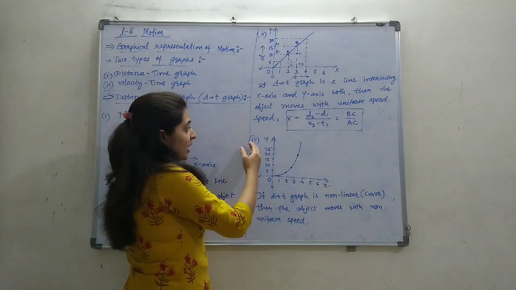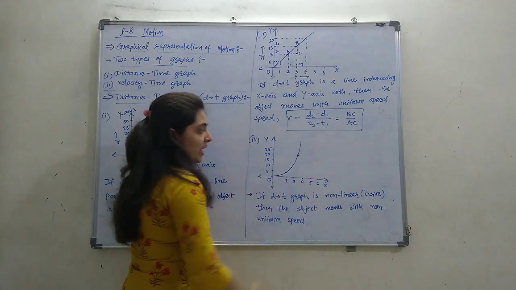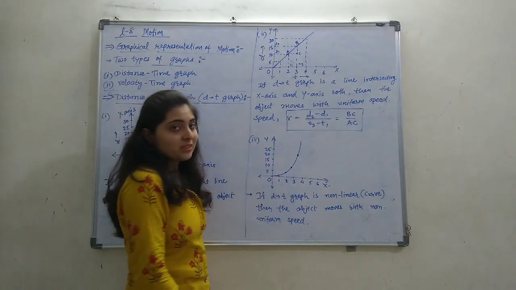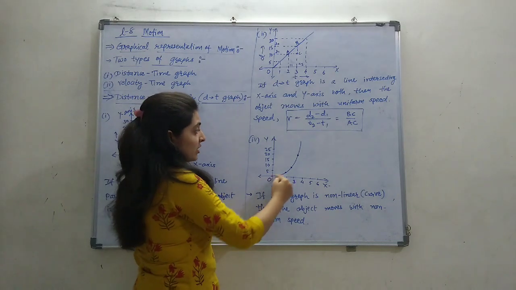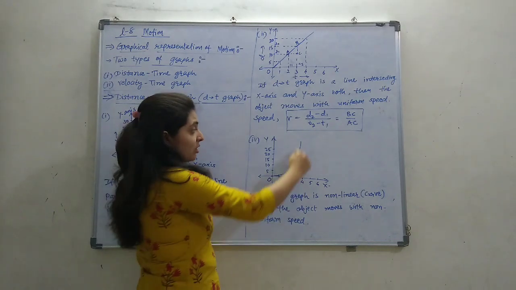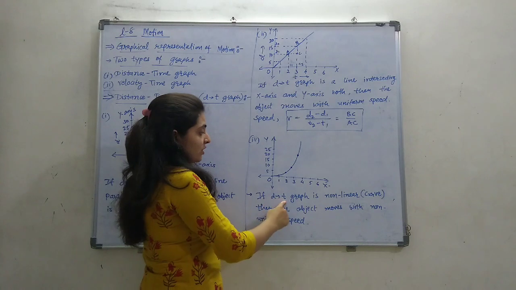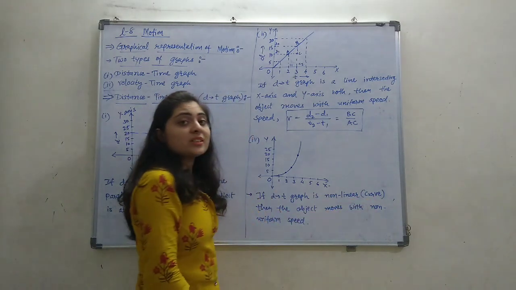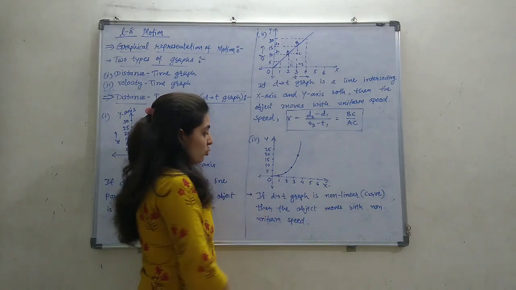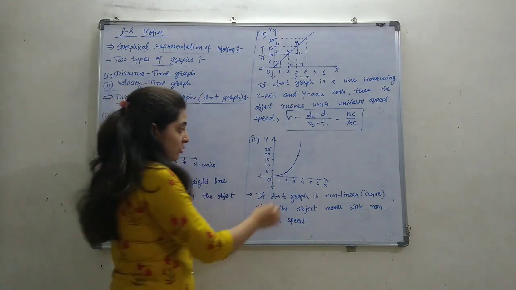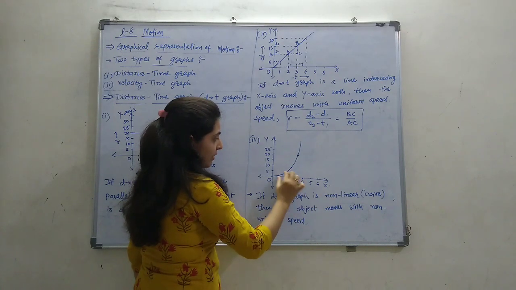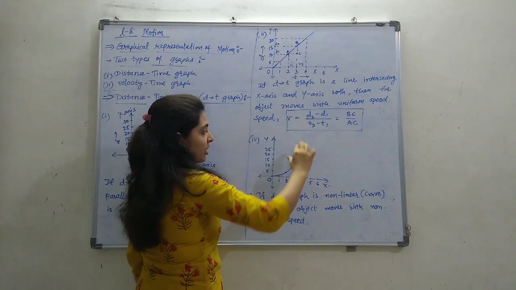Now third, in the distance versus time graph, the y-axis represents the distance and the x-axis represents the time. If the distance versus time graph is not a line but a curve, a non-linear graph, then the object moves with a non-uniform speed. You can see that in equal intervals of time, the object has not traveled equally.